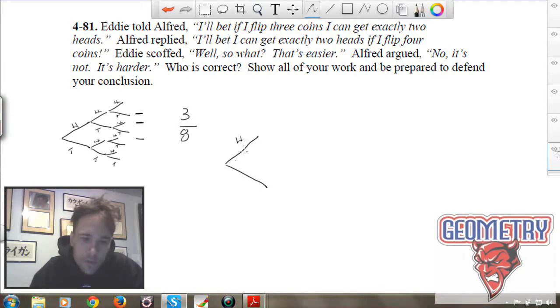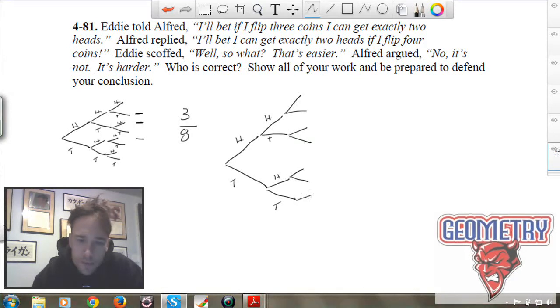So there's the first split. There's the second coin split. There's the third coin split. Oh man, it's gonna get messy.